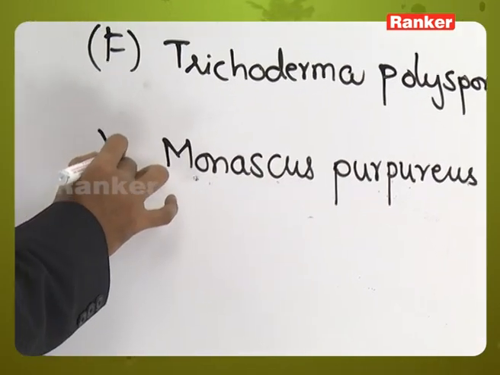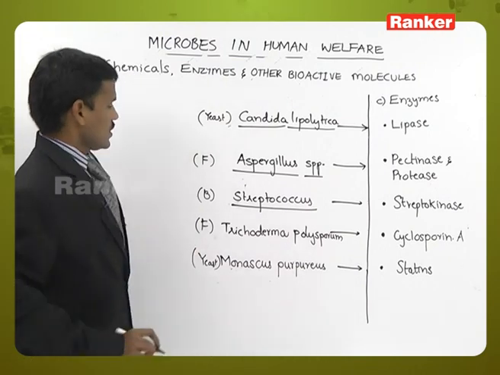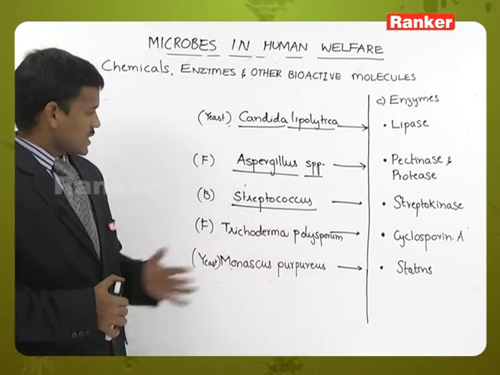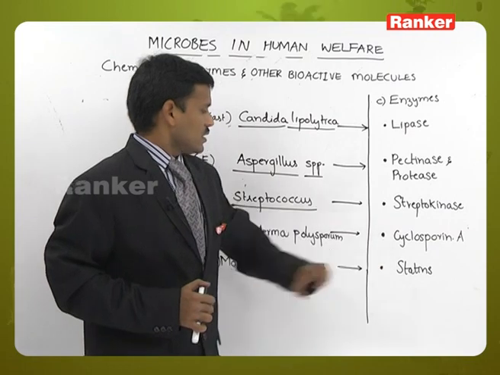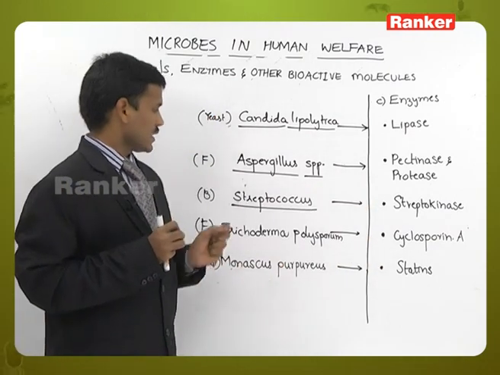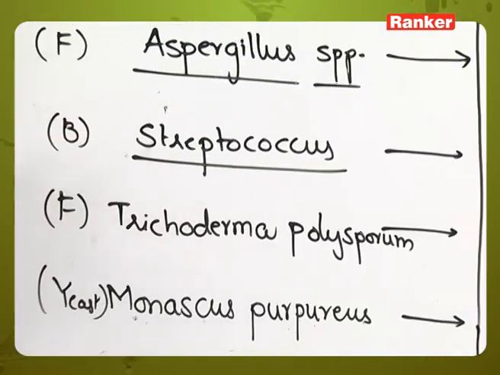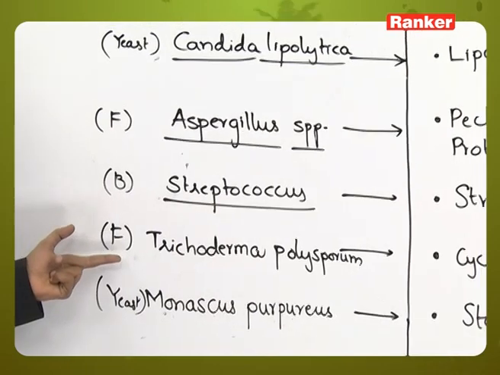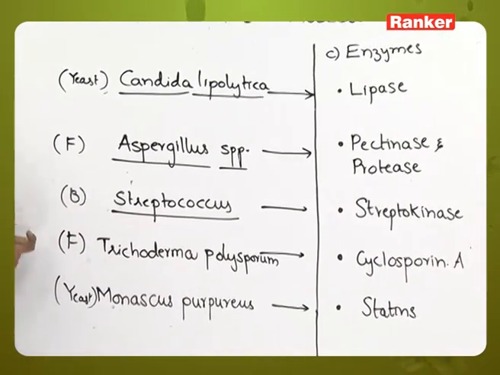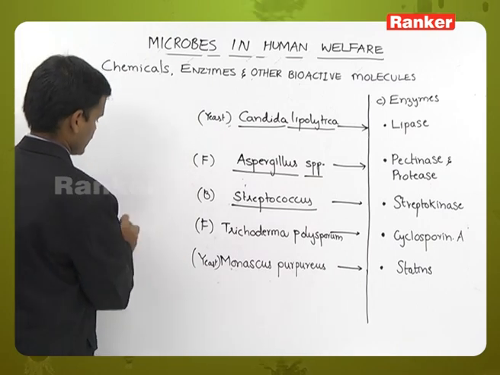It is also one yeast. Cyclosporin A is extracted from Trichoderma polysporum, which is a fungus, and it is an immunosuppressive agent.